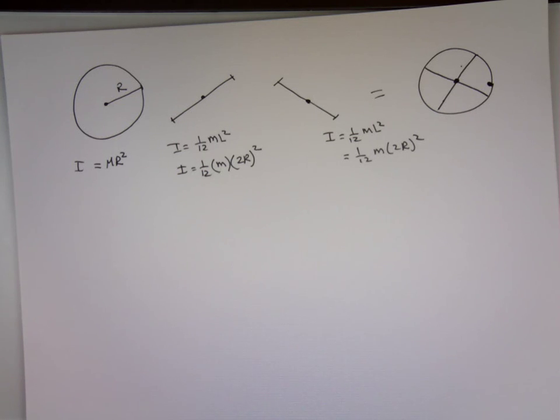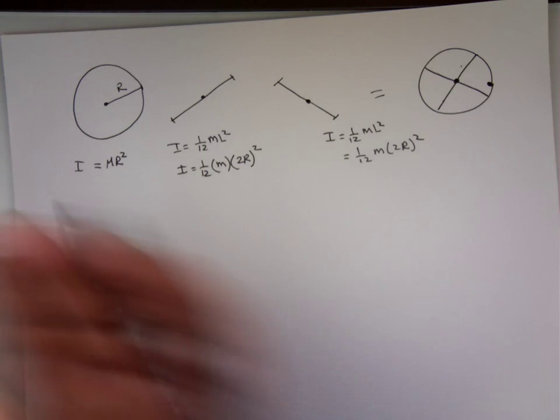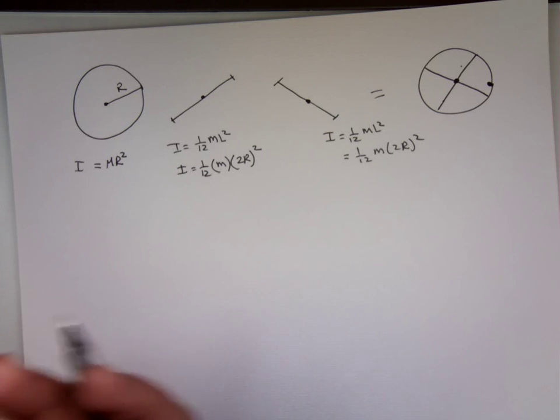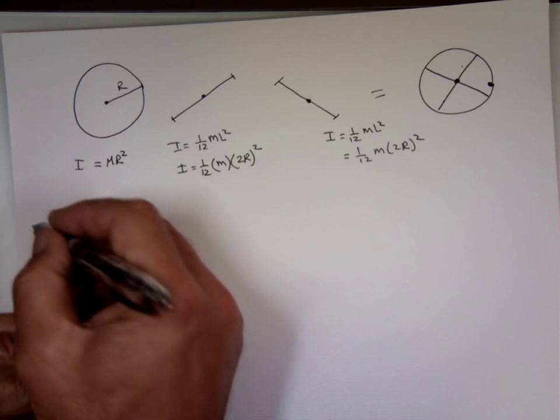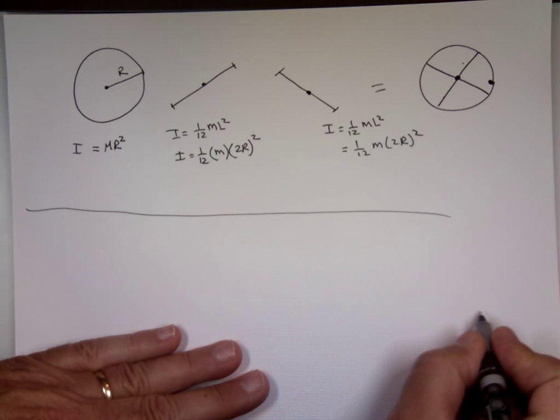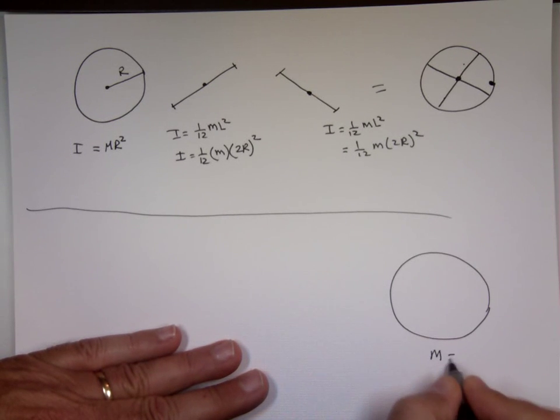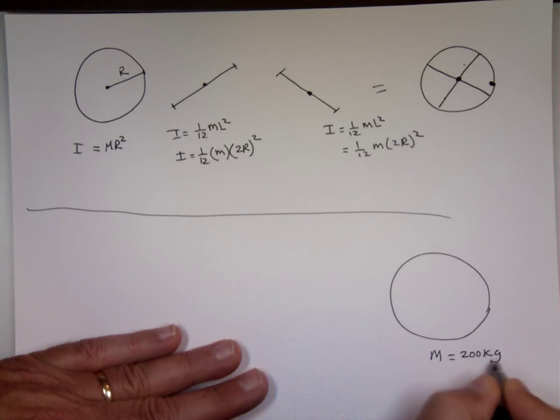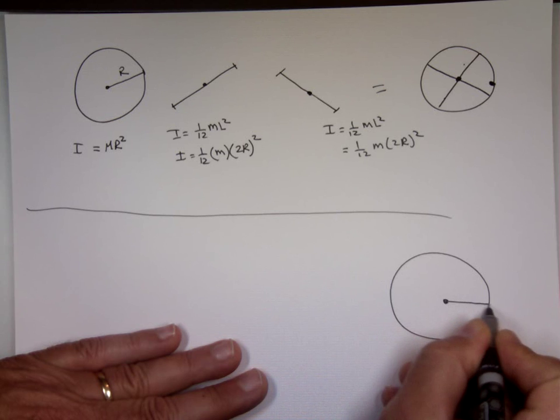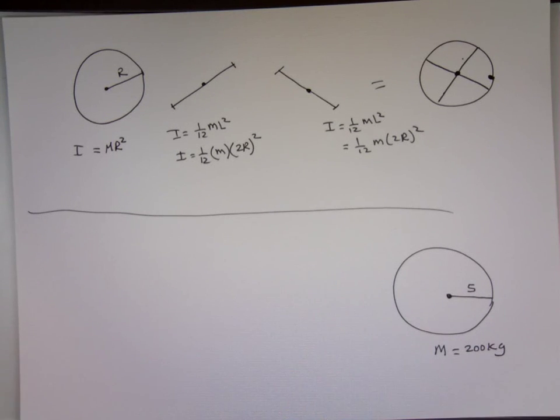As I said, most of these problems, they're going to give you the inertia. Every once in a while, they give you a problem. They go, you know what, we got a merry-go-round that looks like this. It has a mass of 200 kilograms. It has a radius of 5 meters. Well, we know the merry-go-round is solid. It looks like a solid disk.